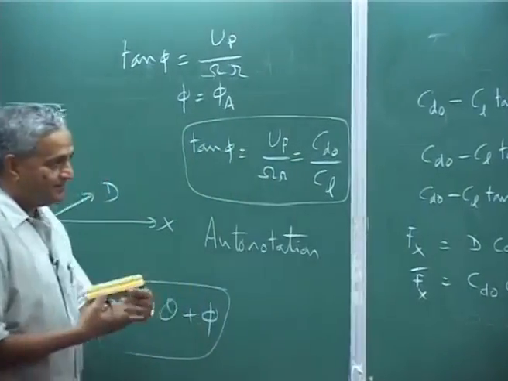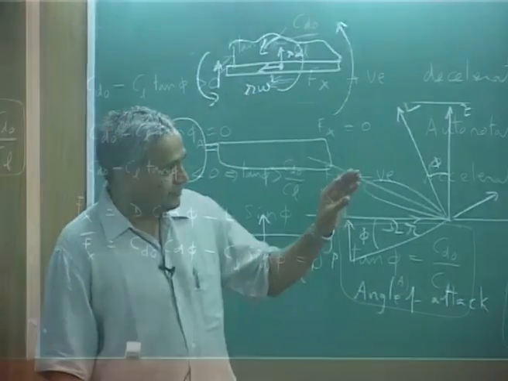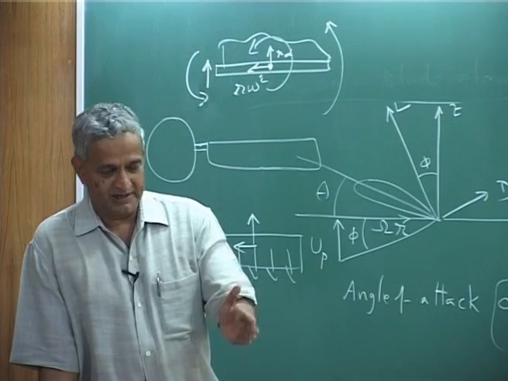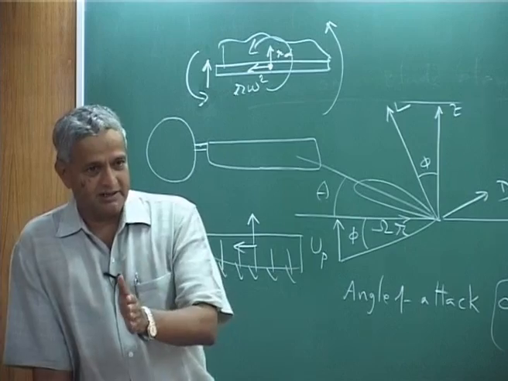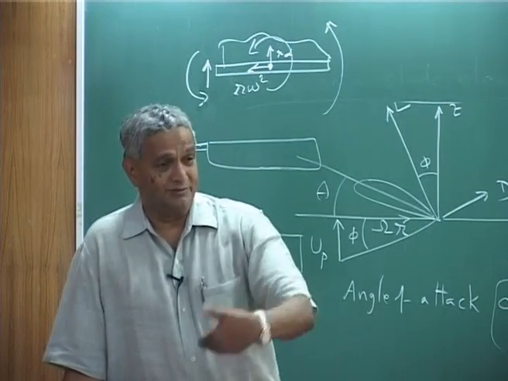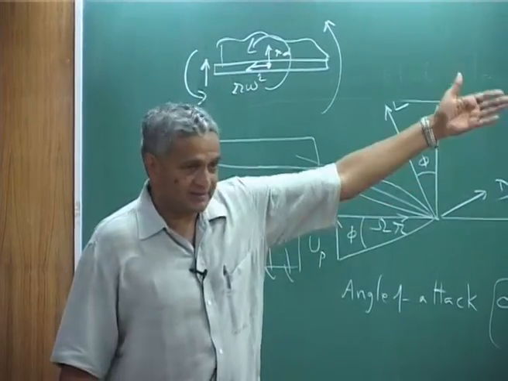That only you have to ask the pilot. But as the physics of the problem, for a 2D airfoil it is explained, but the real situation is much more complex, because different sections of the rotor blade operate in different conditions. Some will be accelerating, some will be decelerating, the condition of this Fx.